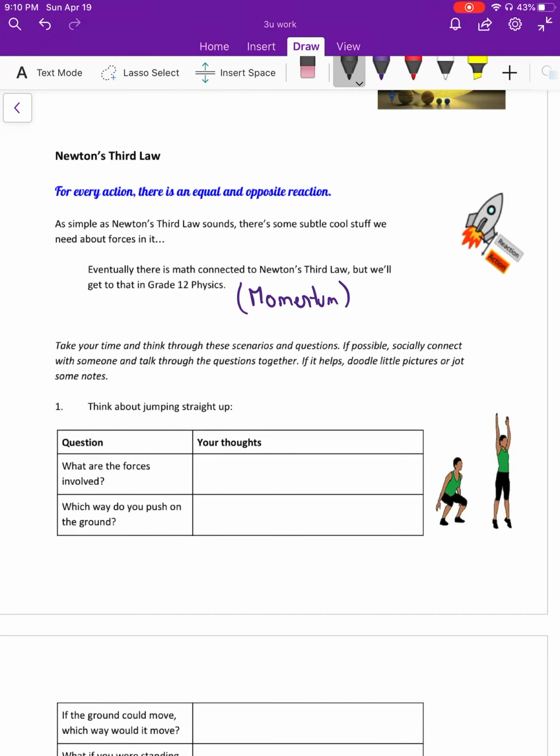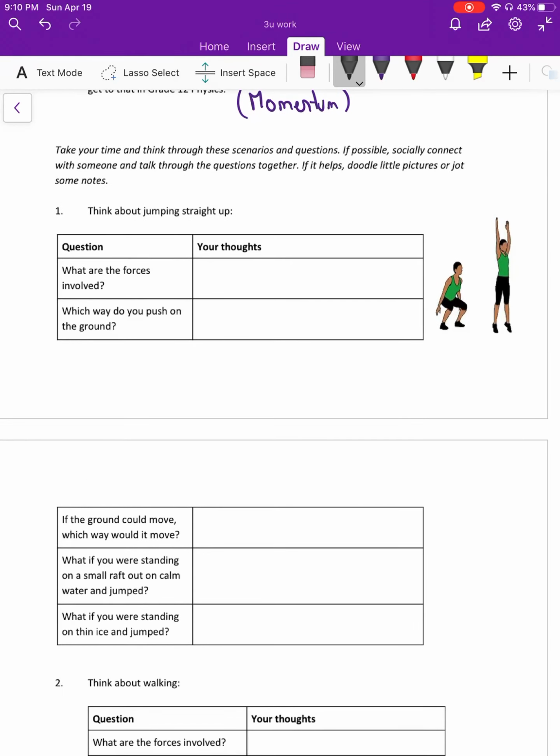First of all, if you're going to jump straight up, you push the ground down. And then tied into that, the ground reacts and pushes you up.